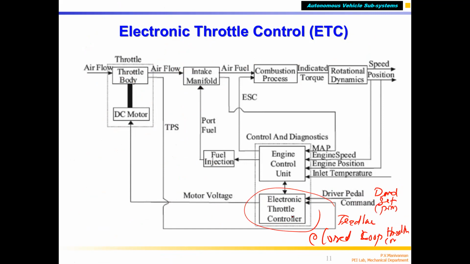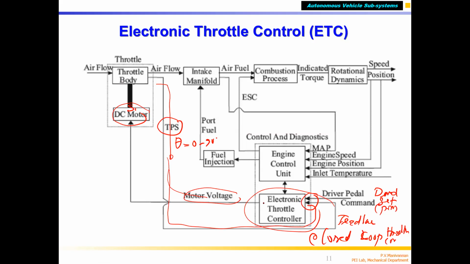When it is given, the controller generates voltage and gives it to the DC servo motor. The servo motor itself opens the throttle. On the throttle body, the actual TPS sensor is attached, which measures how many degrees theta is open, from 0 to 90 degrees, and that is given as another input in the closed loop.